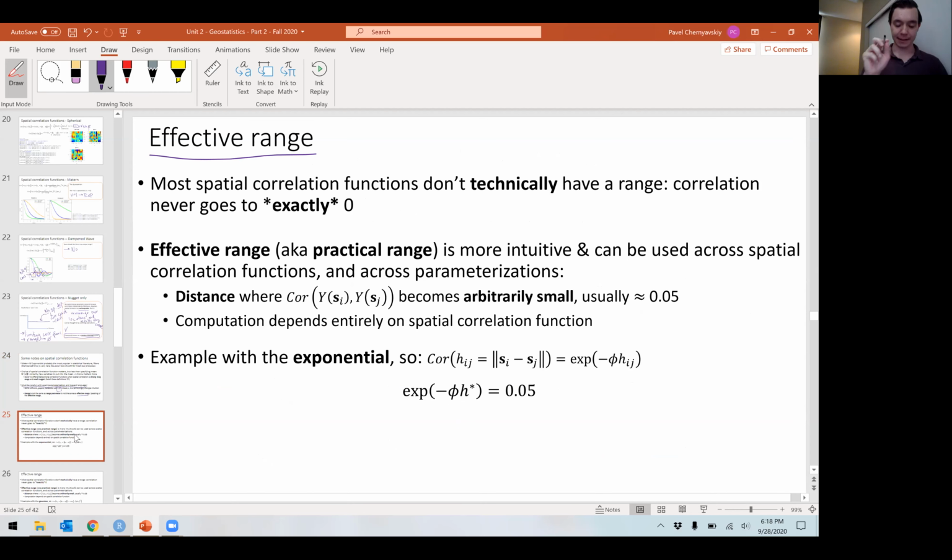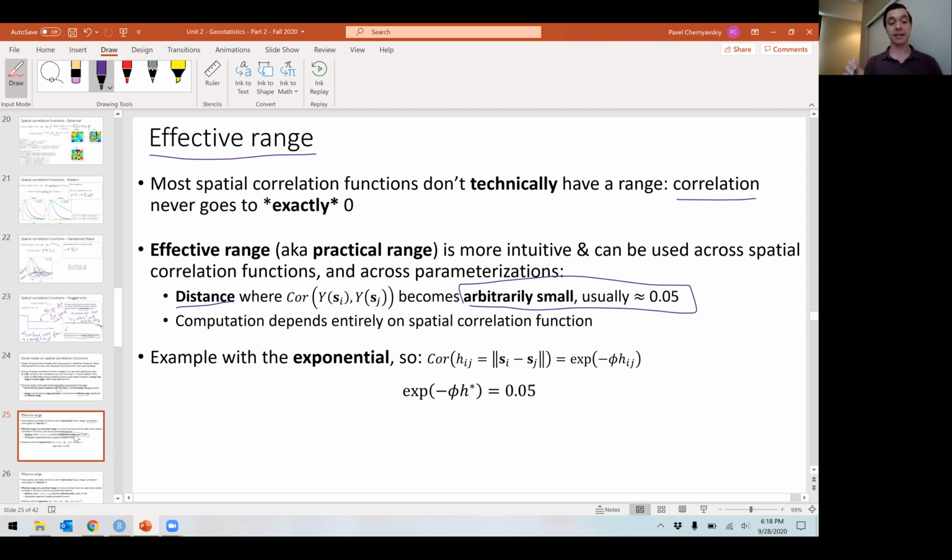And this is, again, not the actual range. The range is the distance where correlation goes to exactly 0. The effective range is the distance where correlation becomes arbitrarily small. And arbitrarily small most often, but not always, means 0.05.